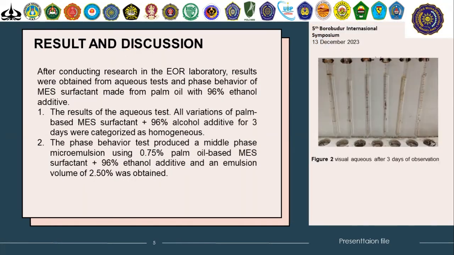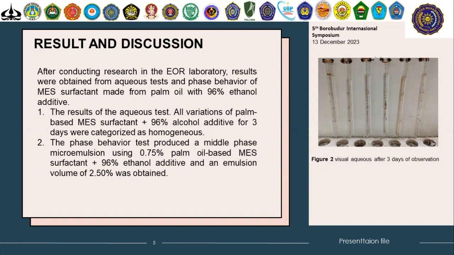Result and conclusion. After conducting the EOR laboratory research, results were obtained from the aqueous test and phase behavior of mass surfactant made from palm oil with 96% ethanol additive. The results of the aqueous test are that the variations of palm-based mass surfactant plus 96% alcohol additive over 3 days were categorized as homogeneous.